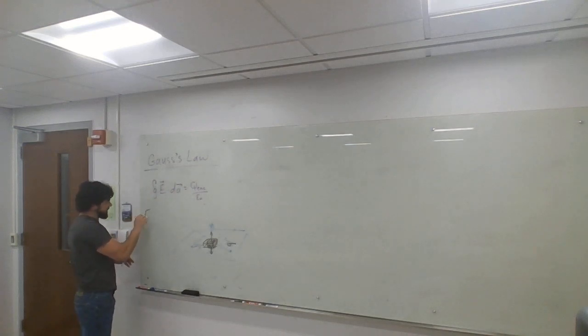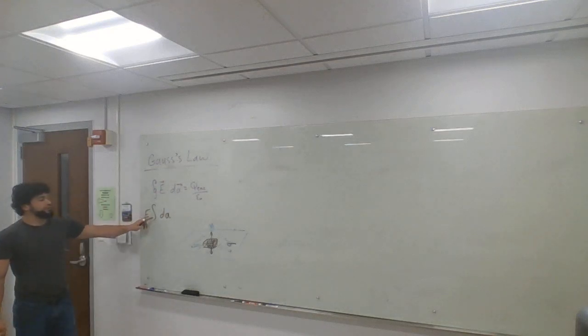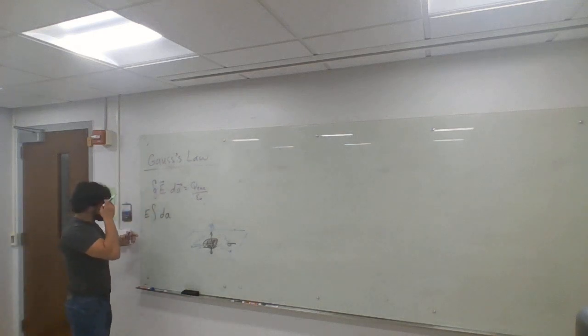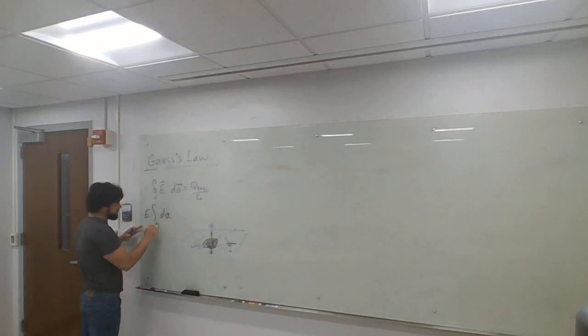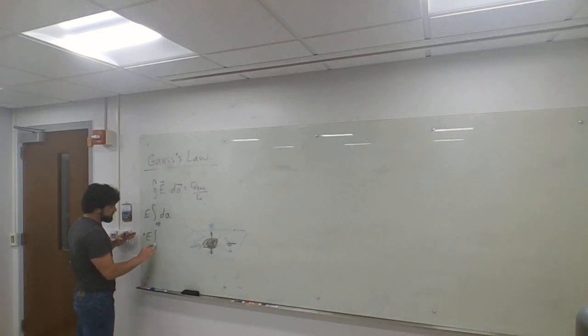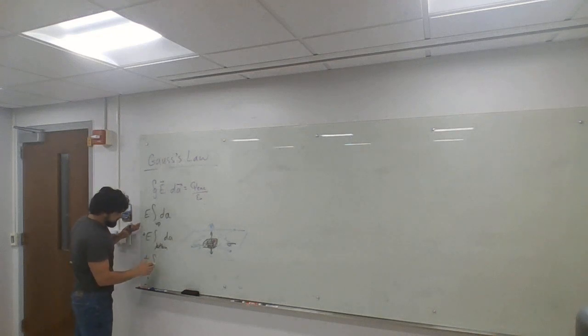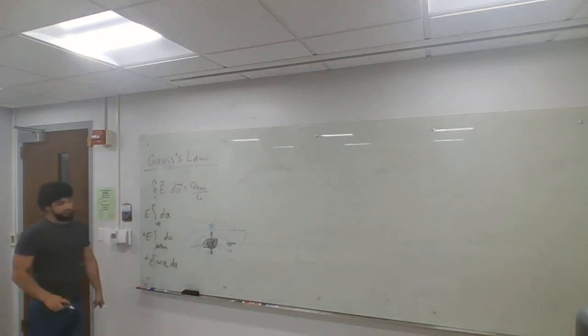So you can take E outside and you integrate over dA. Let me just tell you what it is. So it's EA for the upper one plus EA for the lower one or the bottom one, plus integration of the dot product, which is cosine 90 degrees, pi over 2, dA by E. This will give you 0.